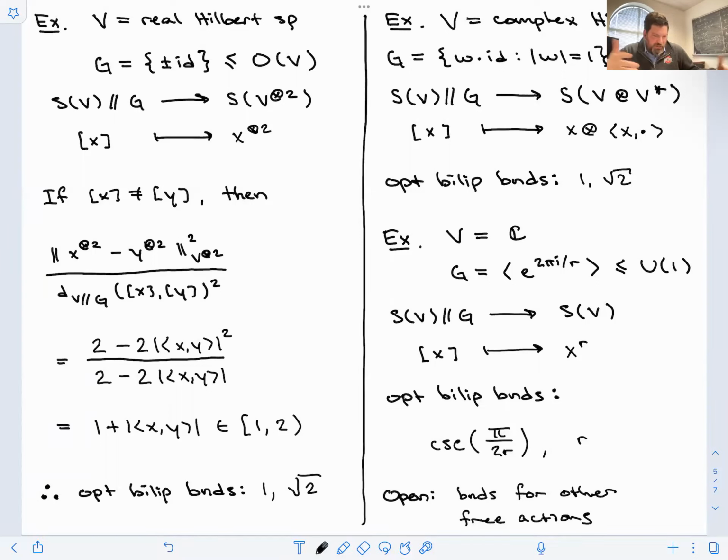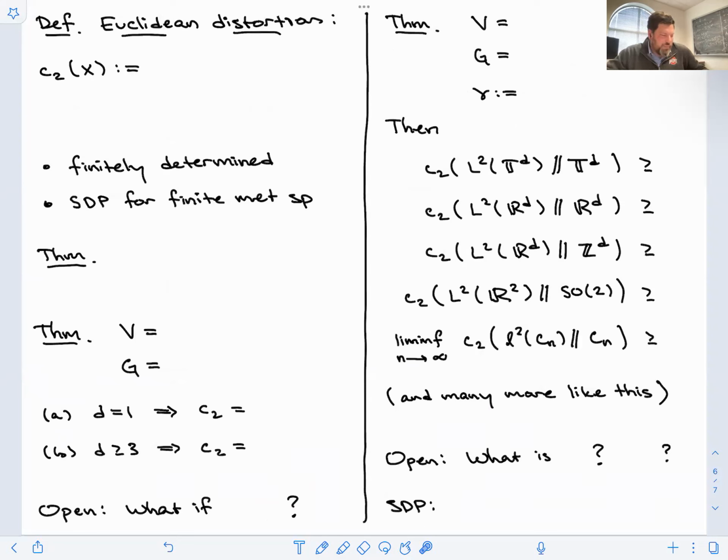So how good are these? These are Bilipschitz. Are they the best Bilipschitz possible? Maybe there's better ones. Remember, we had a notion of goodness, it was the distortion, the quotient of the upper Lipschitz bound to the lower Lipschitz bound. Can I make those quotients even smaller? Well, the Euclidean distortion tells you how small that could possibly be.